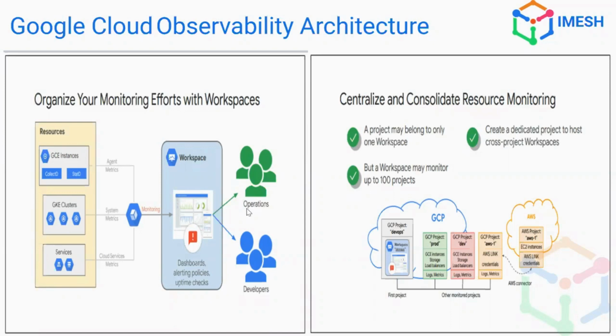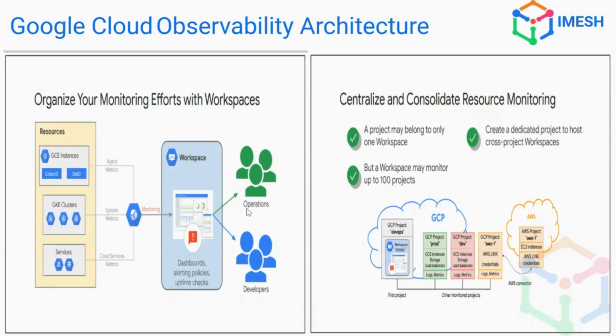It offers a unified view, a single pane of glass, through which all the resources and their metrics can be watched. How do we group all this information from multiple GCP projects or AWS accounts? The answer is by creating a workspace.